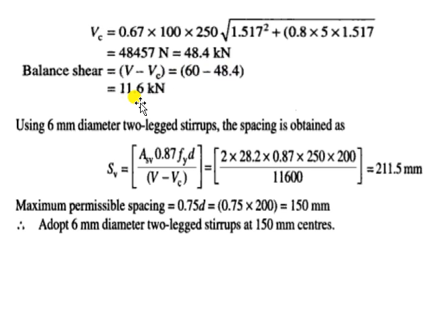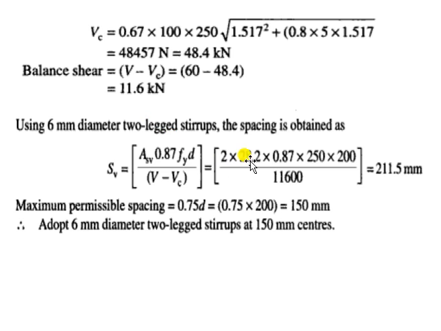So here we should design a shear reinforcement in order to take up a shear of 11.6 kilonewton. Let us use 6 mm diameter two-legged stirrups. For these stirrups, the spacing is obtained using the formula SV is equal to ASV into 0.87 Fy into d divided by V minus Vc. ASV is the area of stirrups.